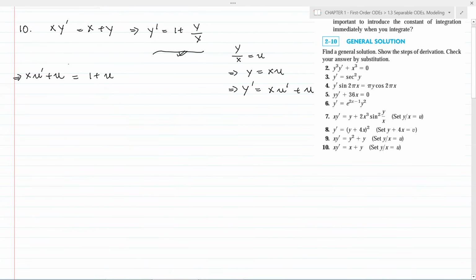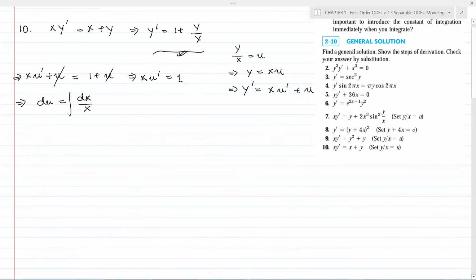From left and right hand side the u terms cancel out, and this becomes x u dash is equal to 1, or du is equal to dx divided by x.